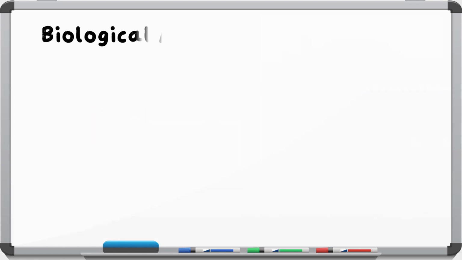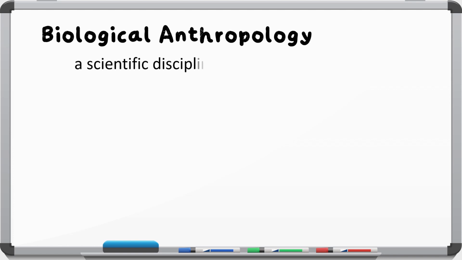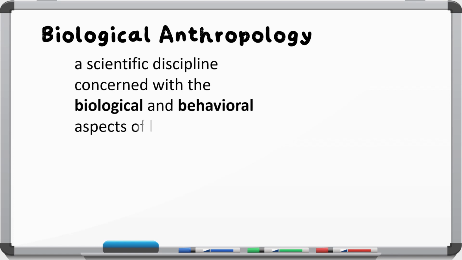How about biological anthropology? From the word itself, we already know what anthropology is. Biological anthropology, on the other hand, is a scientific discipline concerned with the biological and behavioral aspects of human beings. So the biology of humans is the focus.